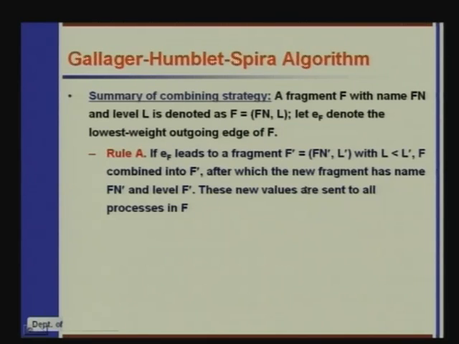And we had seen that all the parent pointers in the fragment at the lower level will now be oriented towards the core edge of the fragment at the higher level.